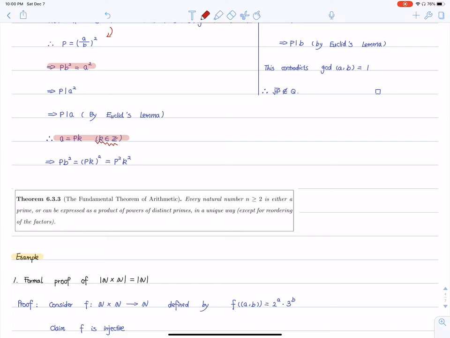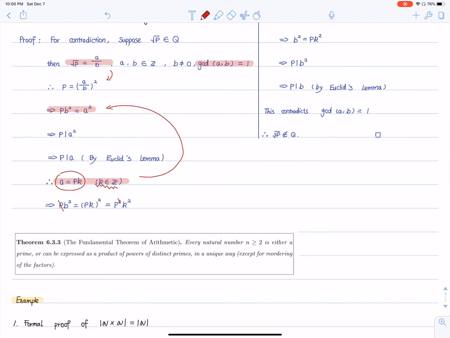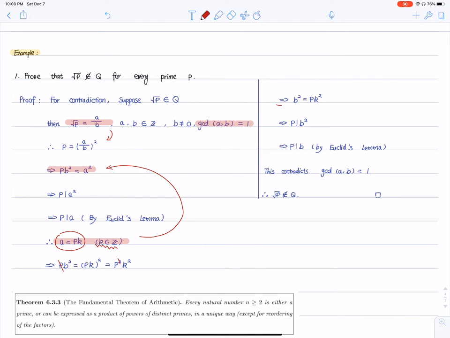Now, you can substitute this equation back to here, which gives PB squared equals P squared times K squared. Then you can divide by P on both sides and you'll get B squared equals PK squared. Again, you do exactly the same thing.